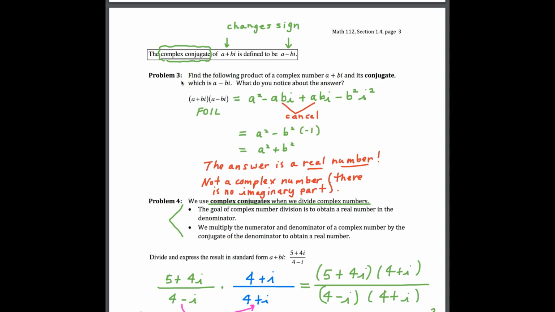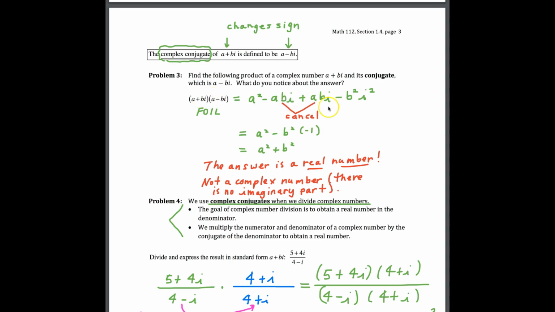In problem 3, let's take the product of the complex number a plus bi and multiply by its conjugate to see what we get. I'm just going to FOIL it out. Watch what I do. So a times a is a squared. Then I have a times negative bi, so it would be negative abi. Then I have bi times a.